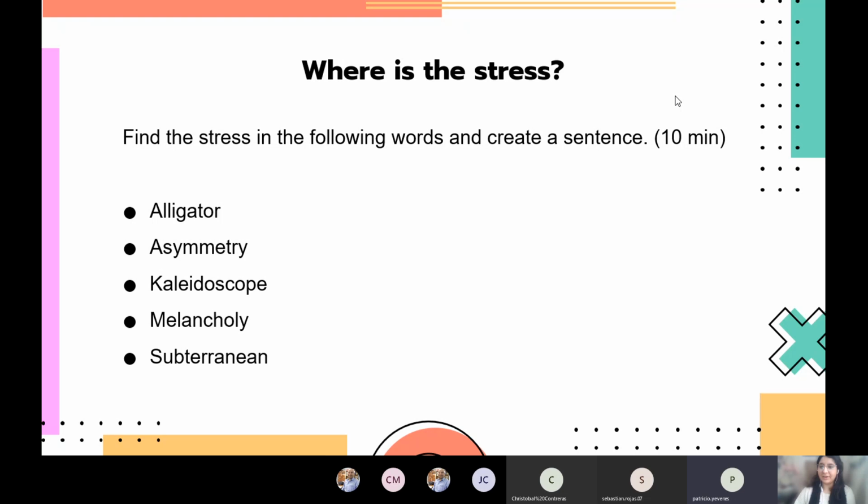Yes, the stress is at the beginning, in the first syllable. So in the first syllable here, right? And what's your sentence? Can you read your sentence or show us your sentence?